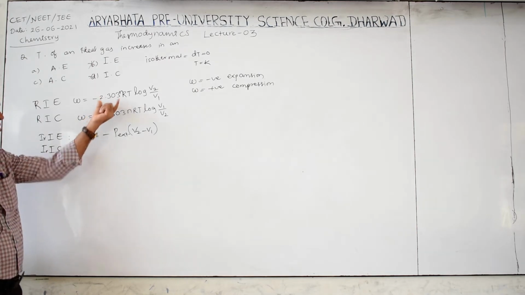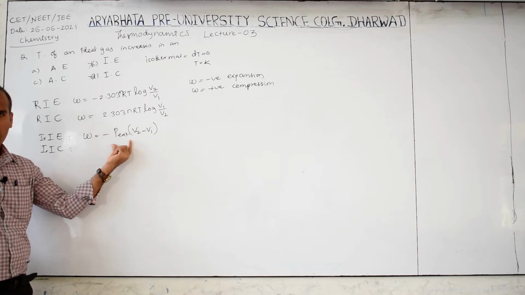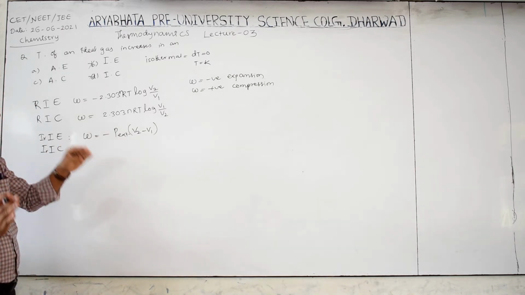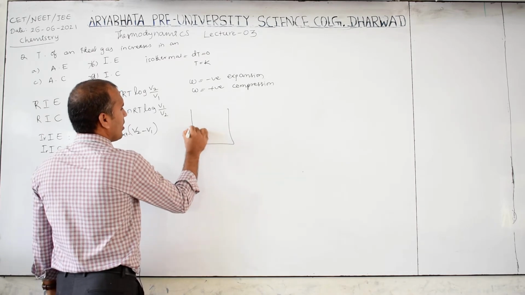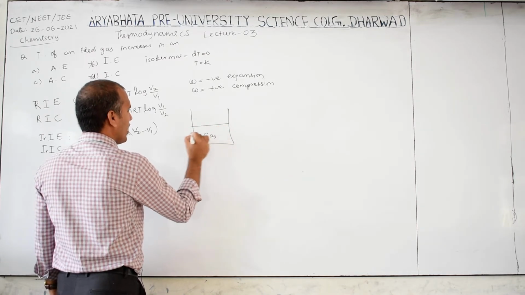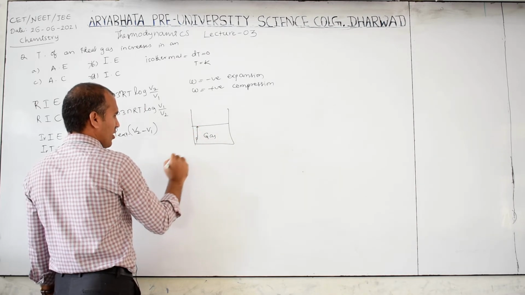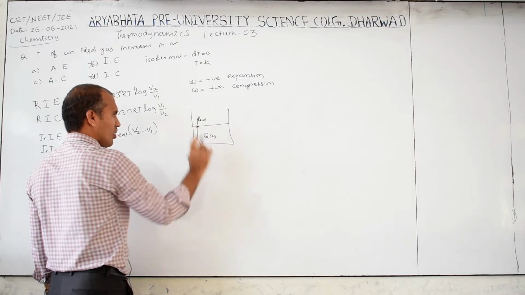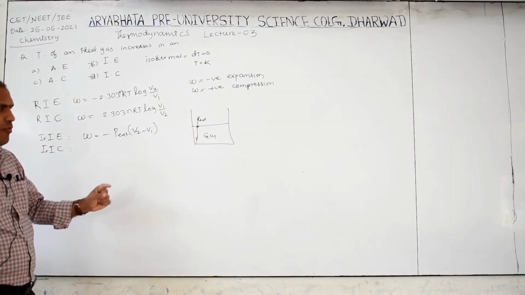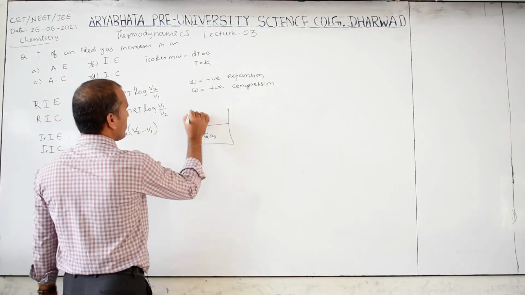Why is there no log formula here? Because this is the work formula. In irreversible, there is gas present in this. This is the gas pressure, and this is the external pressure, P external. Irreversible process or sudden process takes finite time.